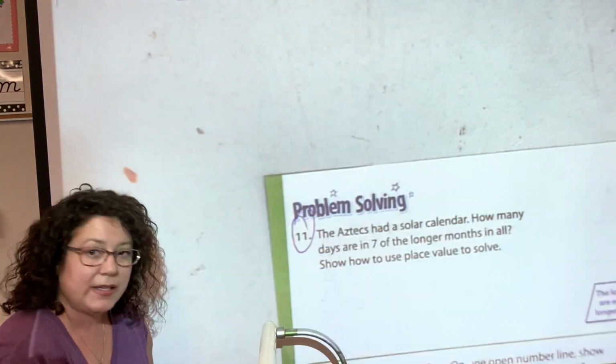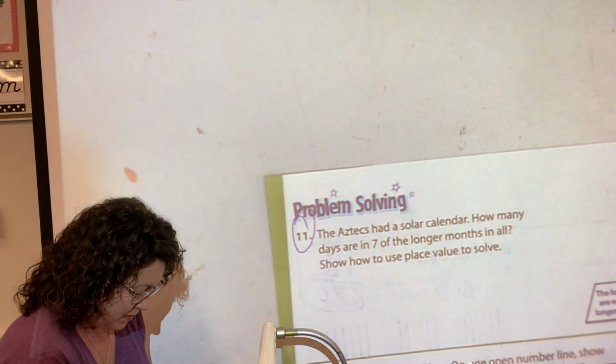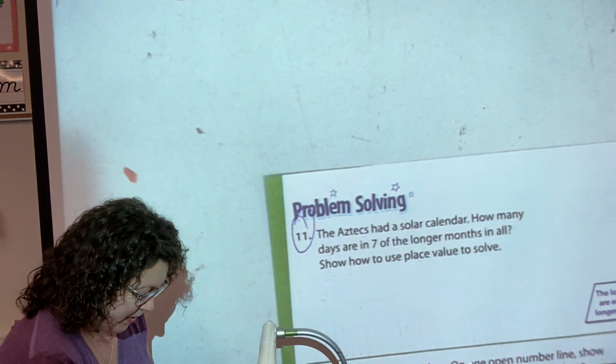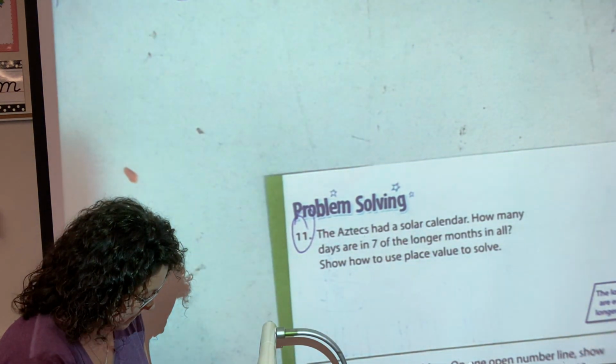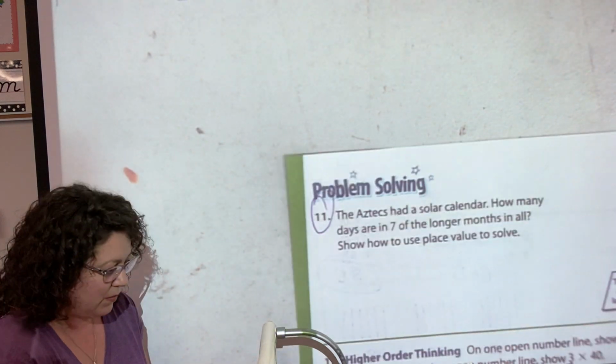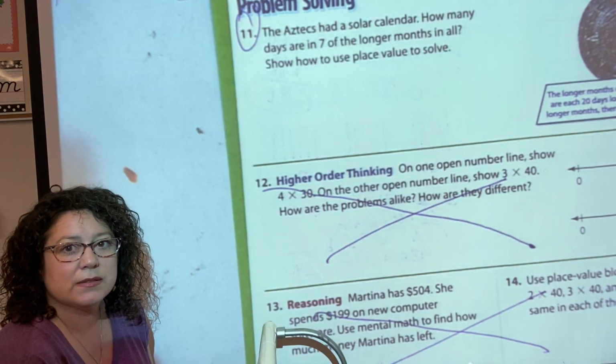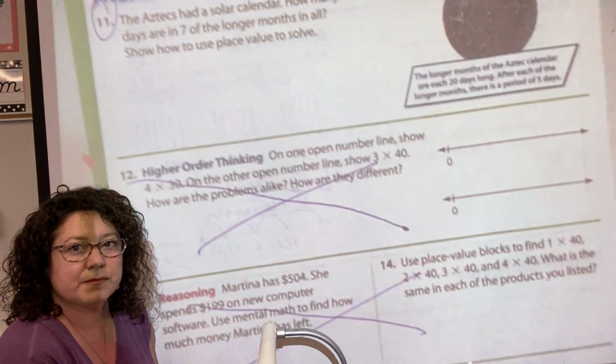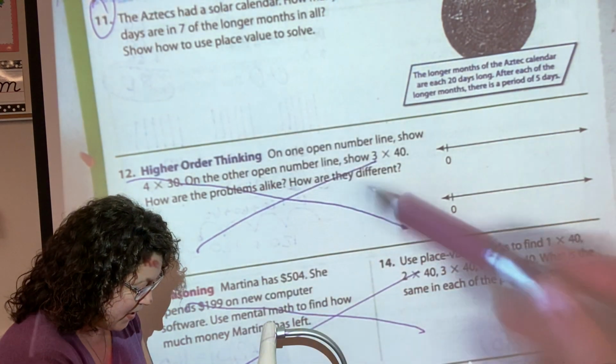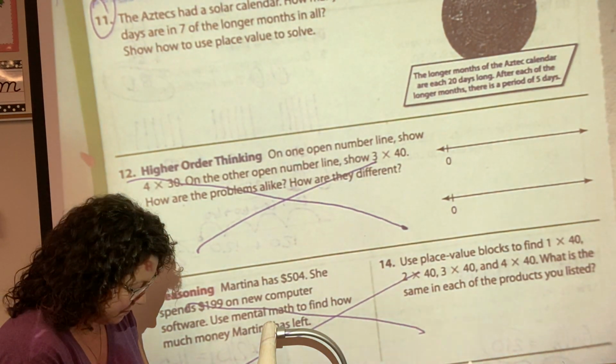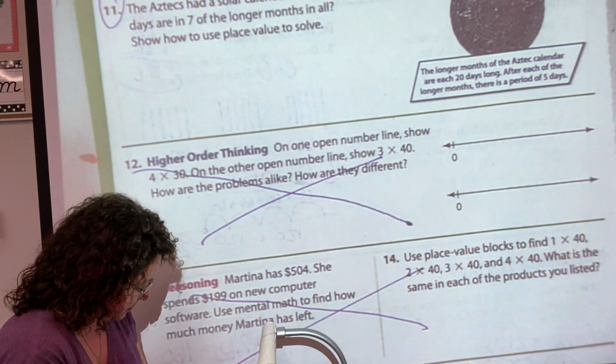And you are going to complete circle number 11. We're going to X 12, 13, and 14. Whoops. Sorry. Okay, so you're going to do 11, not 12 or 13 or 14.